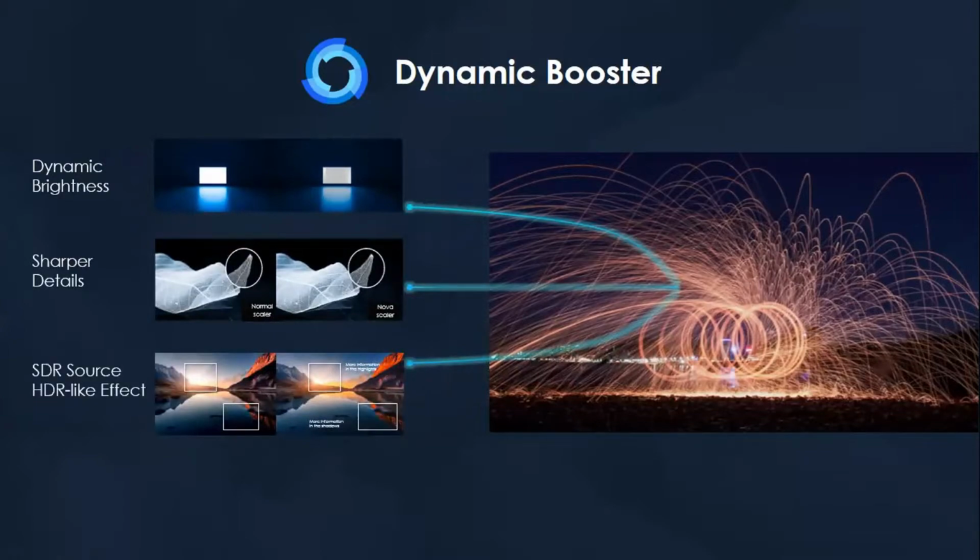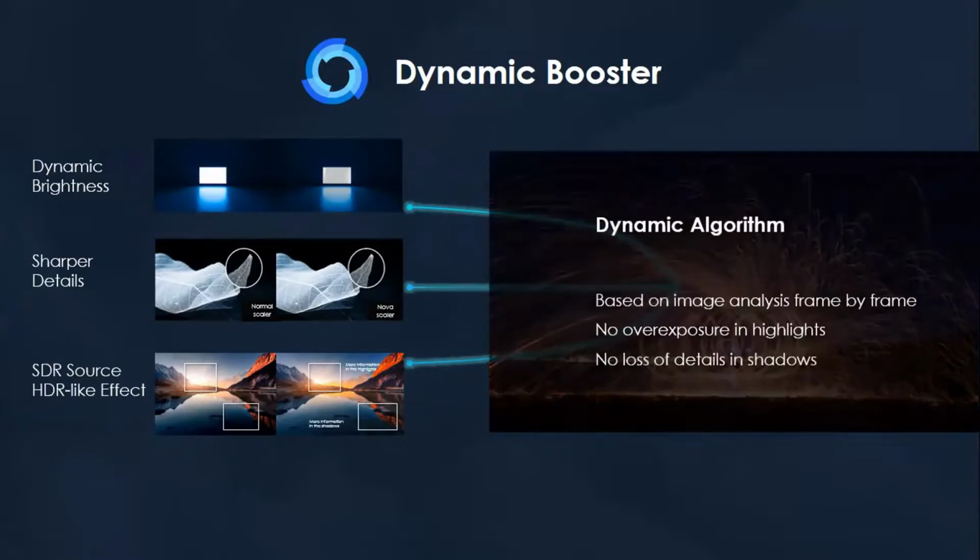In this way, even the SDR source can present the HDR effect, which means high dynamic range. All of these changes are realized through our dynamic algorithm, which is based on image analysis frame by frame. So there is no overexposure in the highlights and no lost details in the shadows.